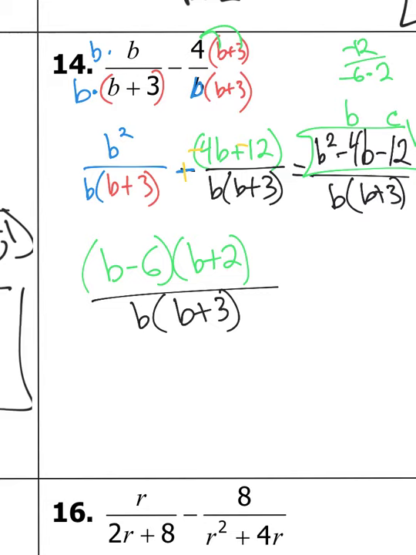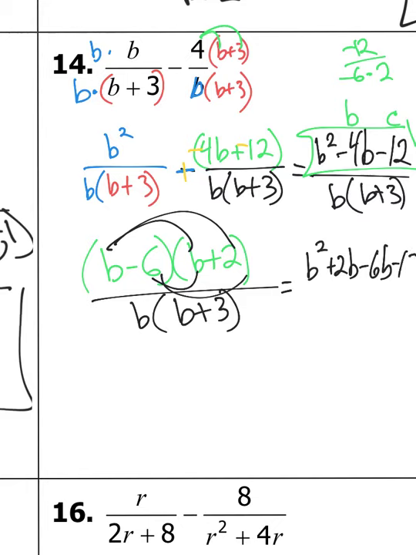So unfortunately, nothing really cancels out. So we just have b squared plus 2b minus 6b minus 12 all over b squared plus 3b.